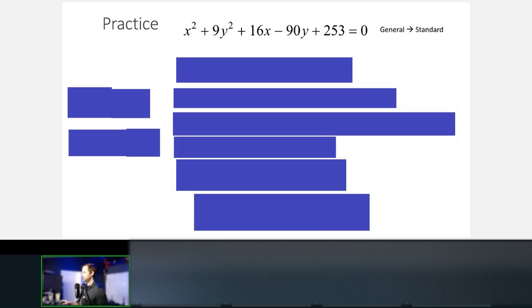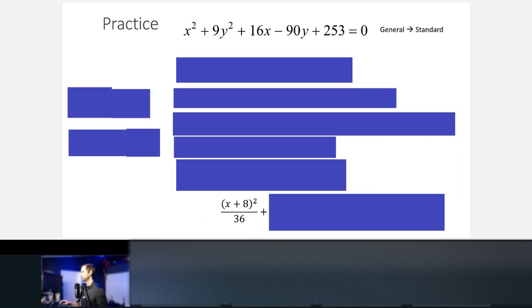What did we all get for the binomial? So you got x plus 8 quantity squared. That sounds right. And what did all of you get for the denominator in your first term? 36. All right, I agree with that.